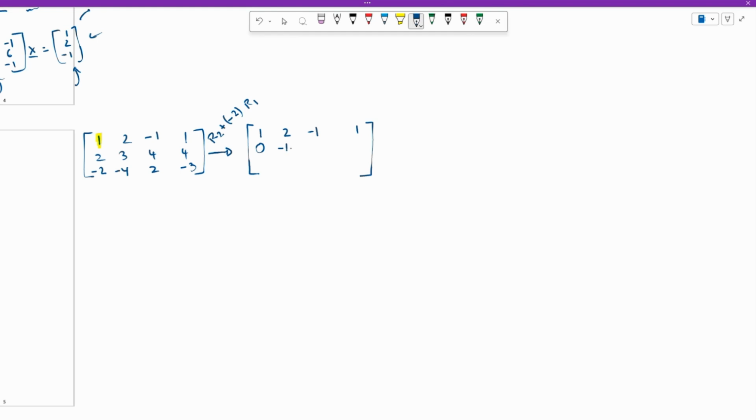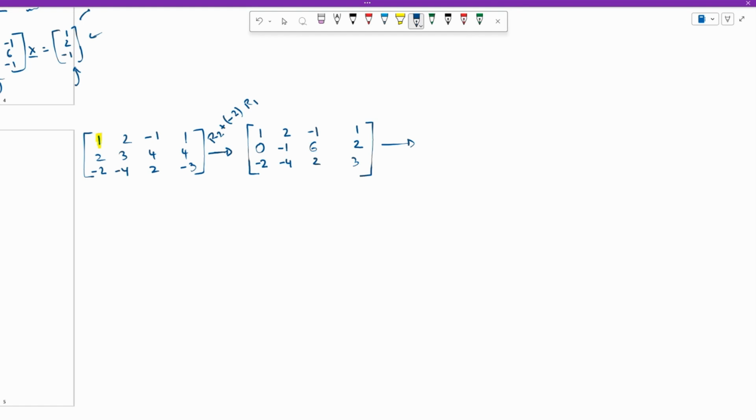So this will be 6, 2, 2. Minus 2 times the first row added to the second row: 4 plus 4 minus 2, which is 2. Okay, all right. We leave the third row as it is.